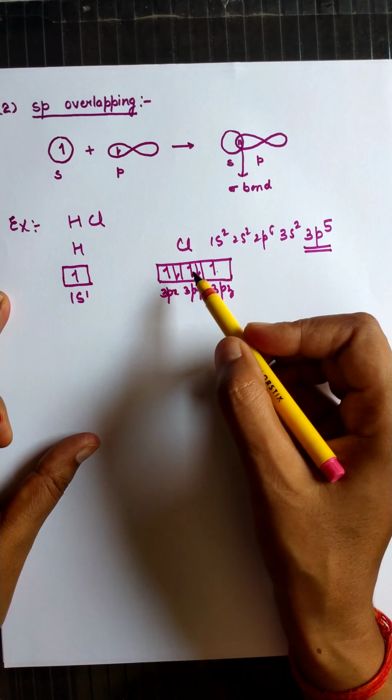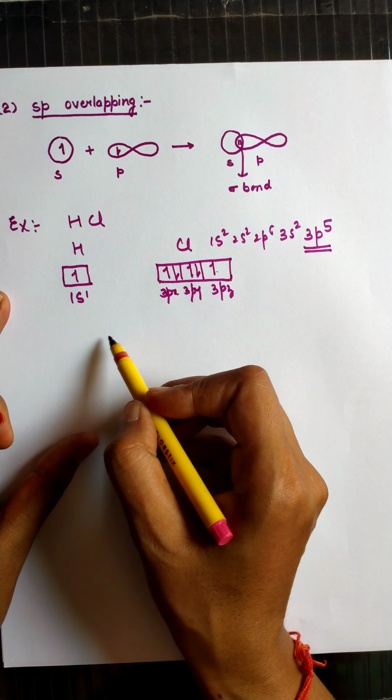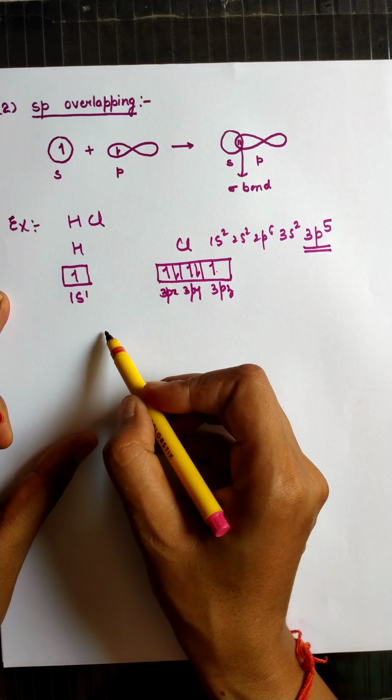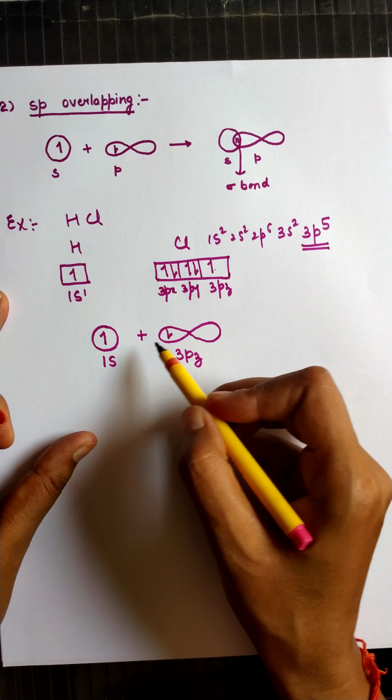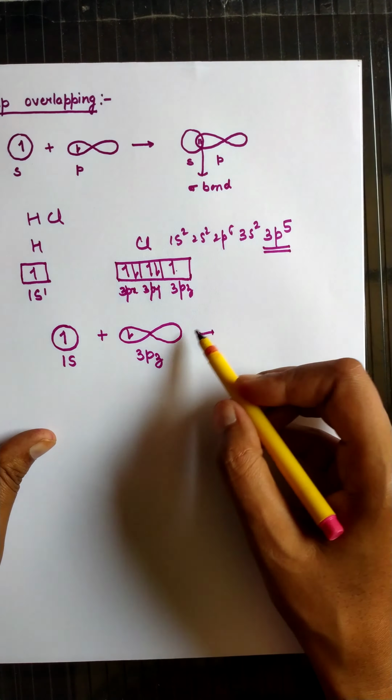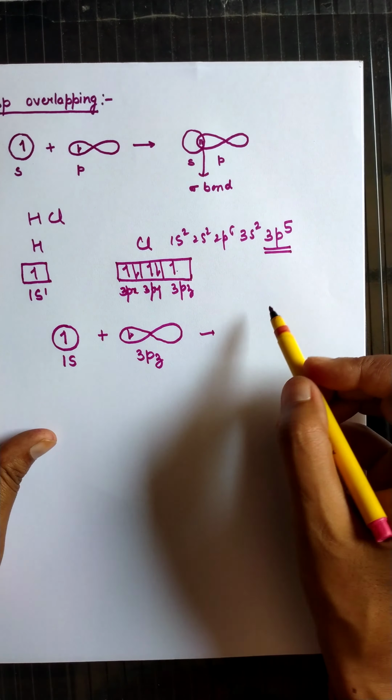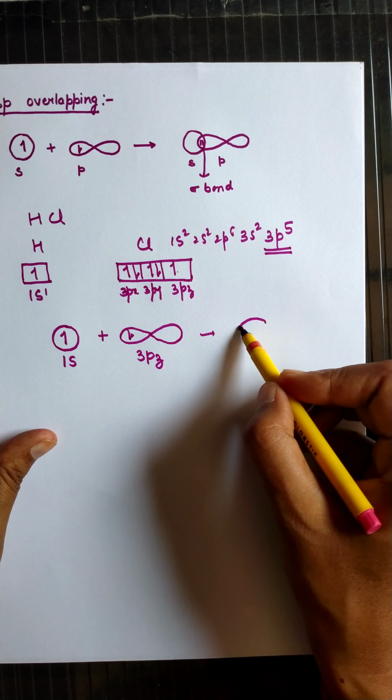So what happened? The 1s orbital of hydrogen, having a single electron, gets overlapped with the 3pz orbital, also having a single electron. Both get overlapped with each other and the electrons get paired in the region of overlapping.